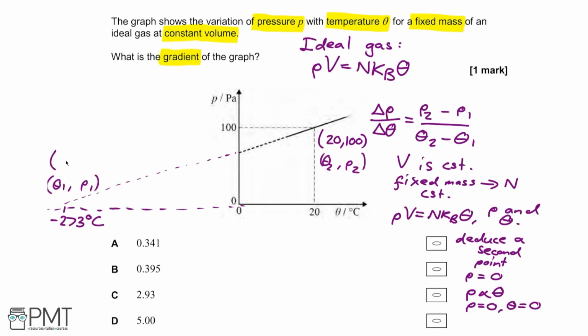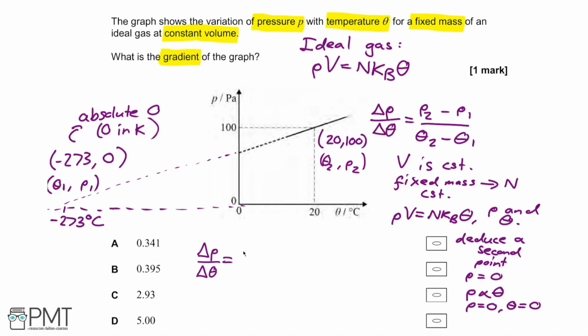So θ1 is going to be given by minus 273 degrees in Celsius, and our pressure is going to be given by 0. So this is absolute 0, or 0 in Kelvin. So then, calculating the gradient, we find that delta P by delta θ is given by P2 minus P1, so that's 100 minus 0, divided by 20, temperature 2, minus temperature 1, which is minus 273.